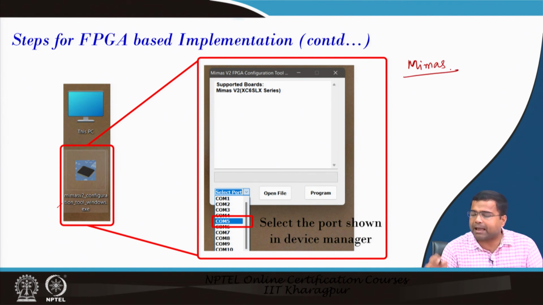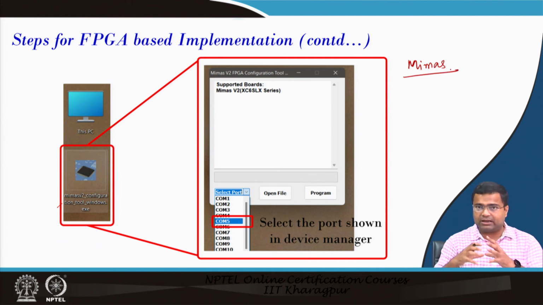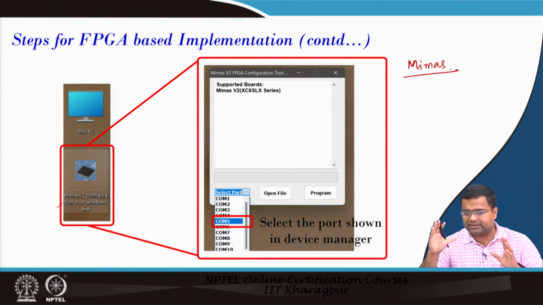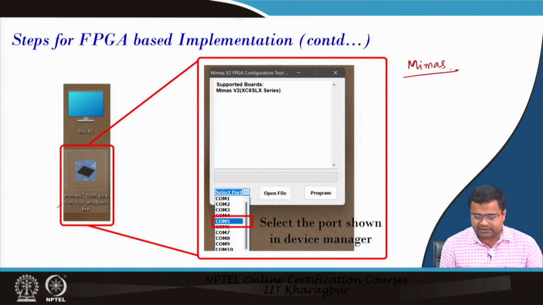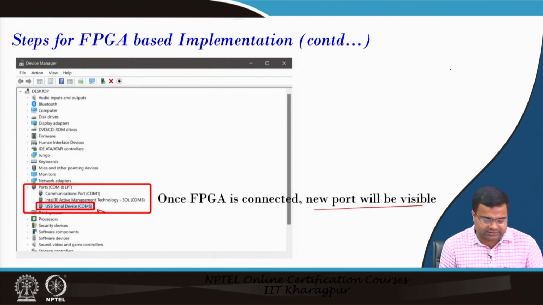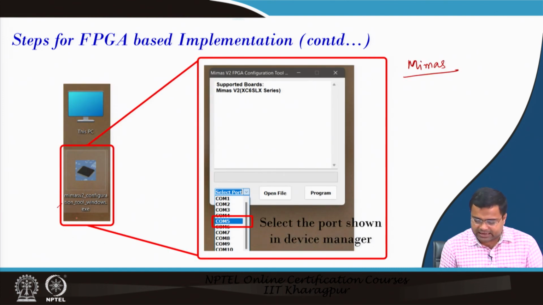This is an app that will interface between your computer and the Numato FPGA kit. Since you have connected the FPGA on COM port 5, which you checked through the device manager, you have to select COM5 from the select port option in the MIMAS software. So this must be consistent.